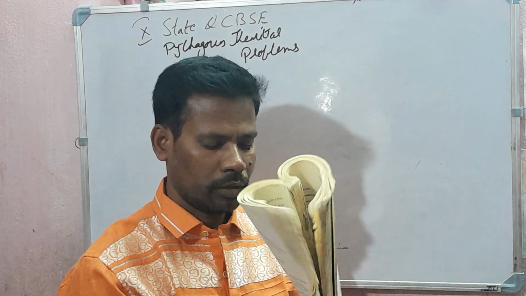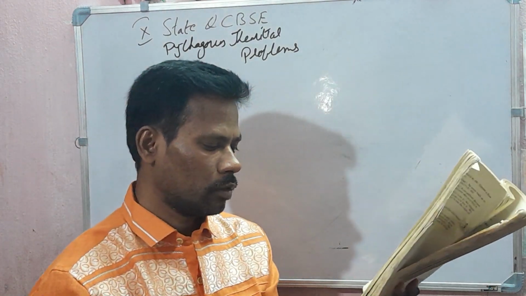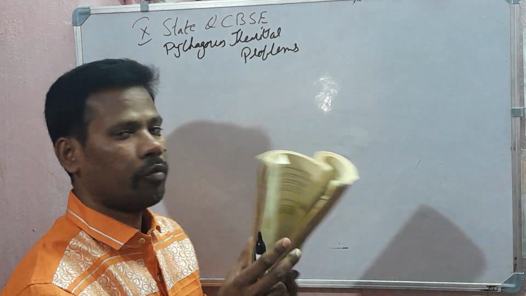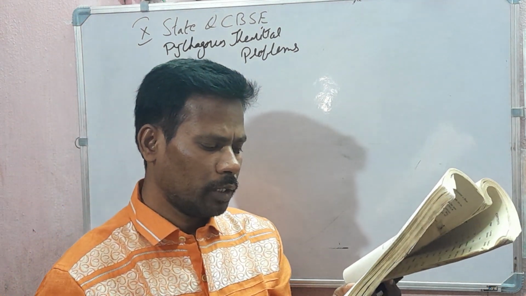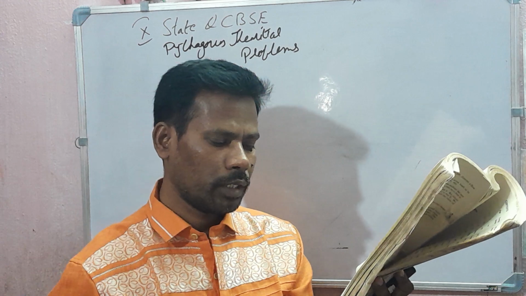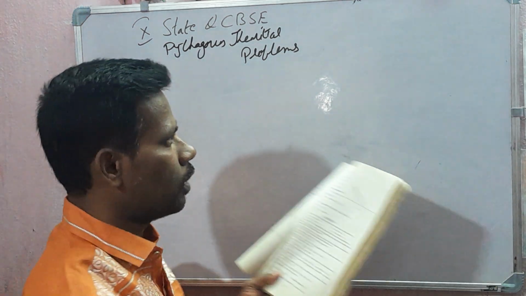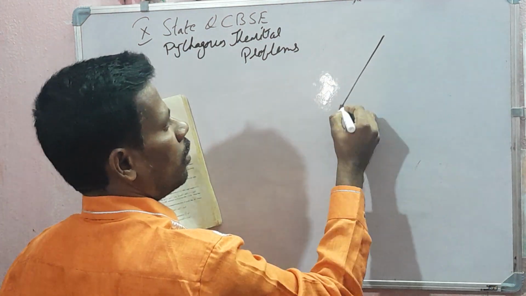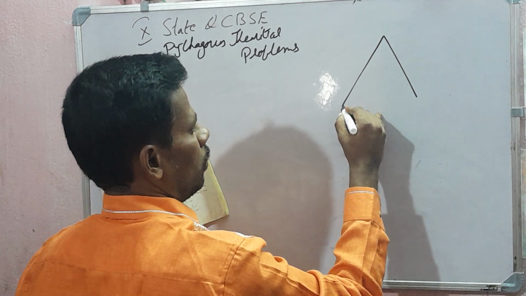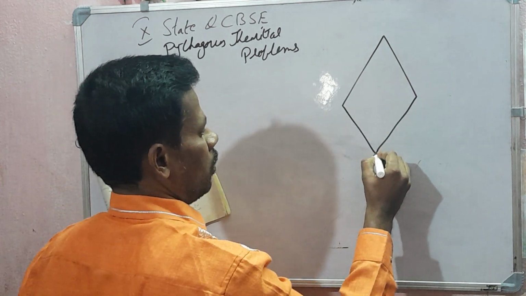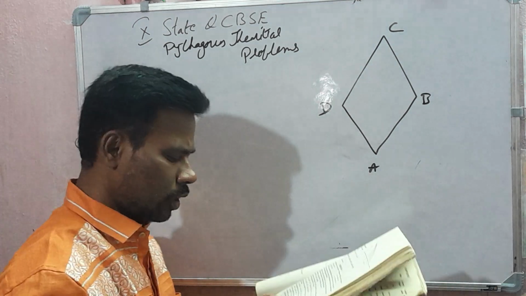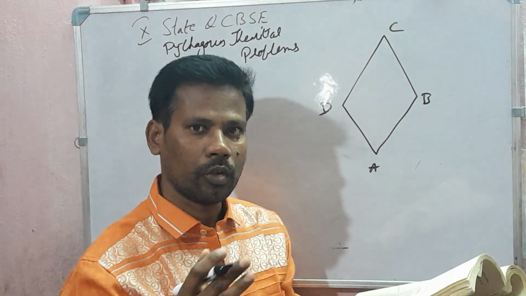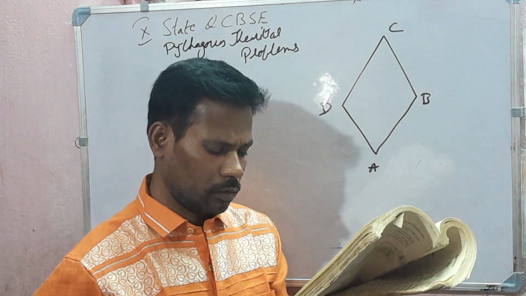ABCD is a rhombus. So we will go from easy to tough. Prove that AB square plus BC square plus CD square plus DA square is equal to AC square plus BD square. Rhombus means all sides are equal.